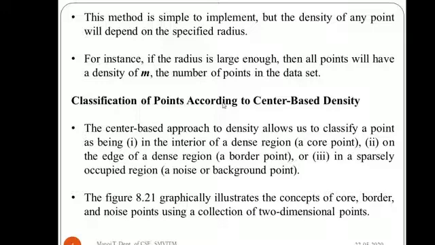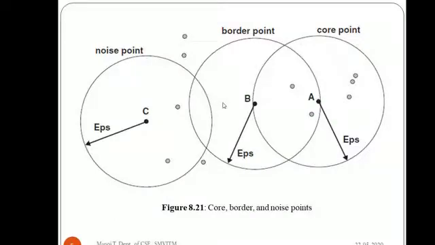Let us see the classification of the points according to the center based density. The center based approach to density allows us to classify a point as follows: in the interior of a dense region, a core point; on the edge of a dense region, a border point; in a sparsely occupied region, a noise or background point. These core, border and noise points can be depicted in the figure as follows.